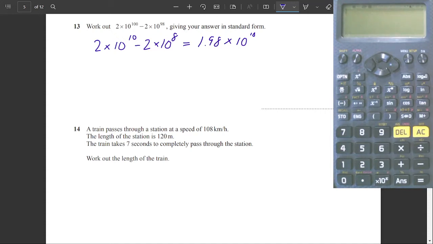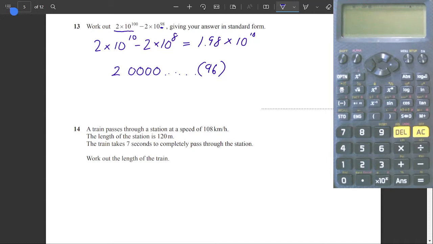All right, let's do this first. 2 times 10 to the power of 100 is a 2 with a 0 and another 0 and another 0 and another 0, and this goes on with 100 zeros in total. So I put 4 zeros, which means after that there should be another 96 zeros. Then the next number is 2 times 10 to the power of 98, the index is 2 smaller.